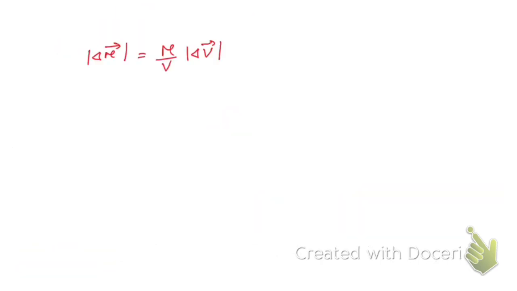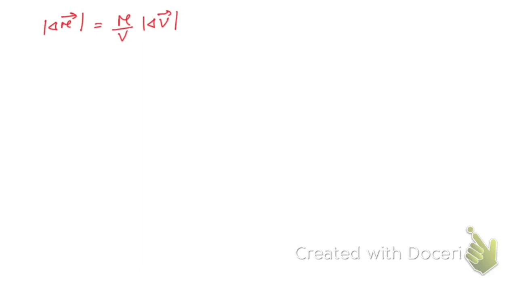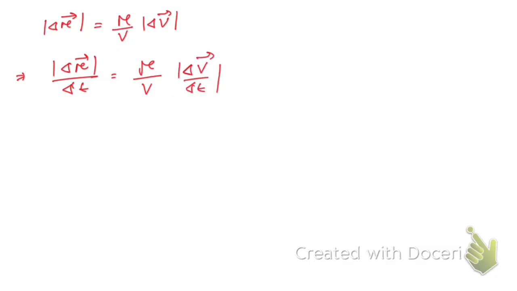So here is the last step we have got. Now let us divide both sides by del t. And let us take the limit on both sides, limit del t tends to 0.